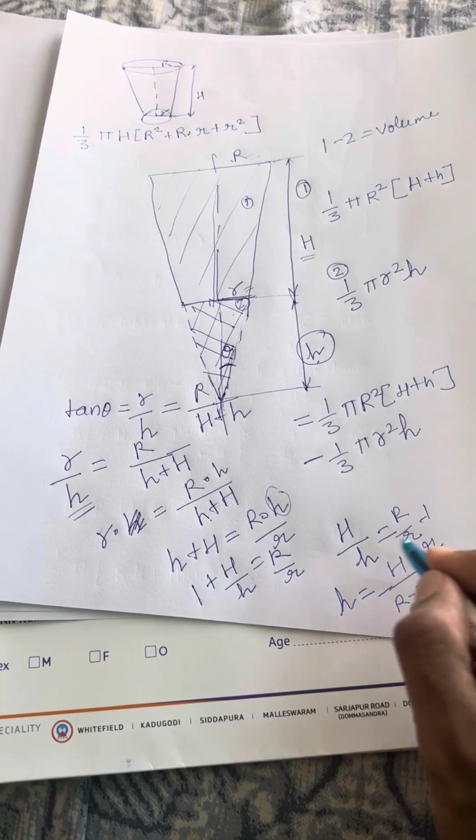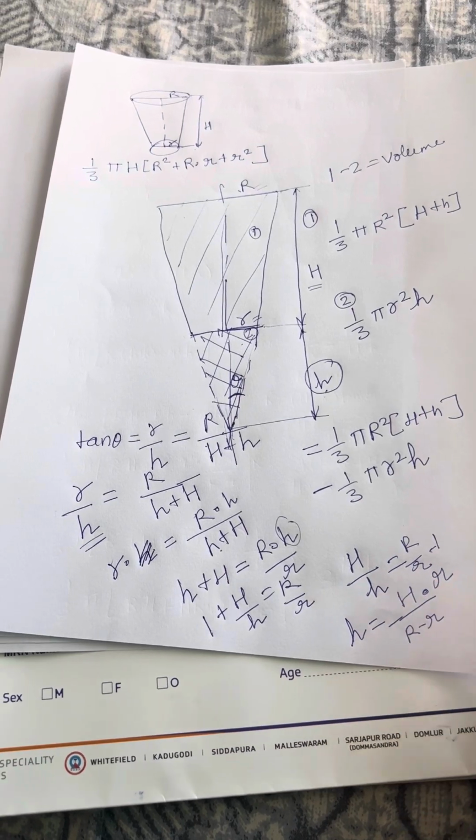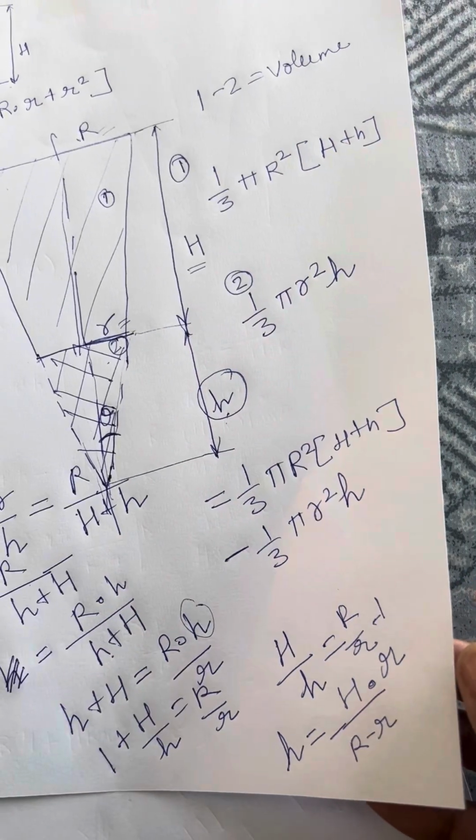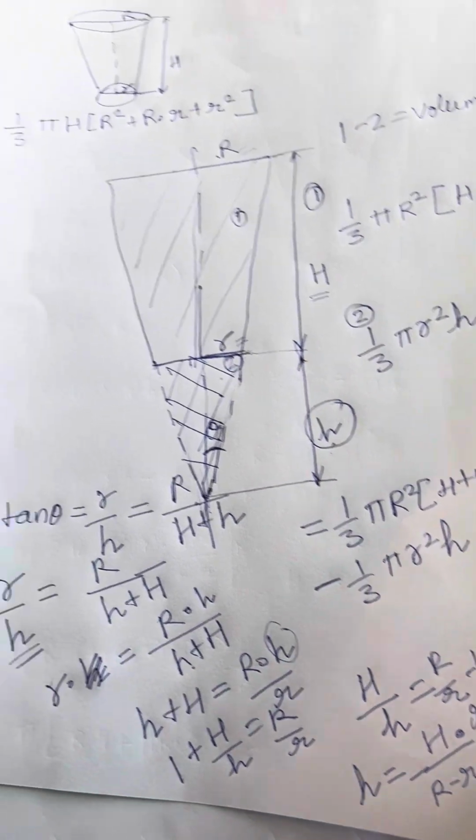Right now, let me move a bit closer, and then what we can do now is, now we know the relationship between h and r. h is equal to H r by R minus r.